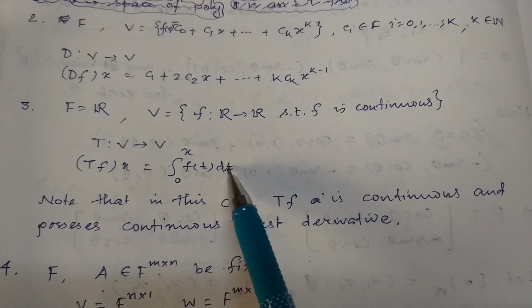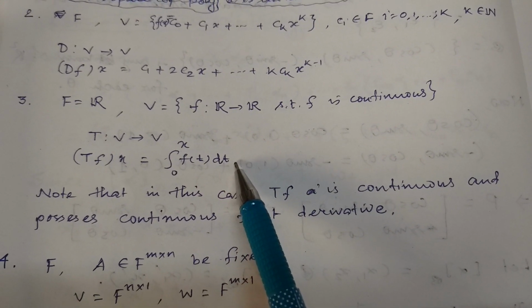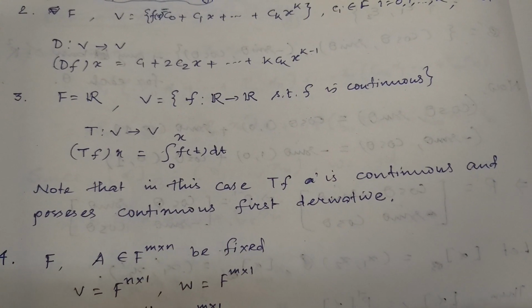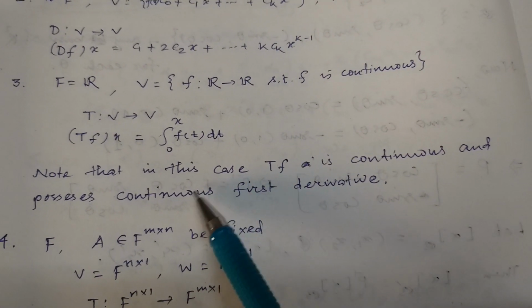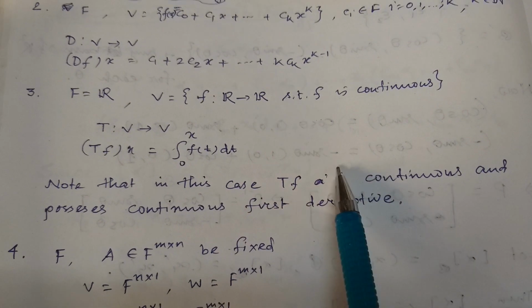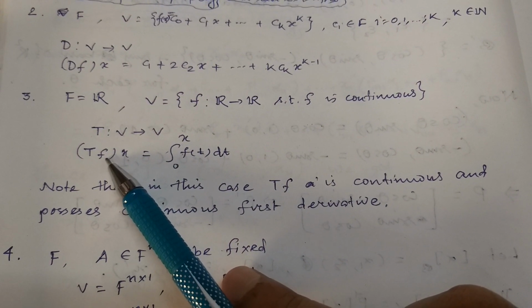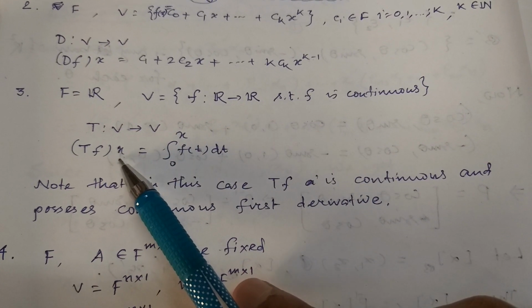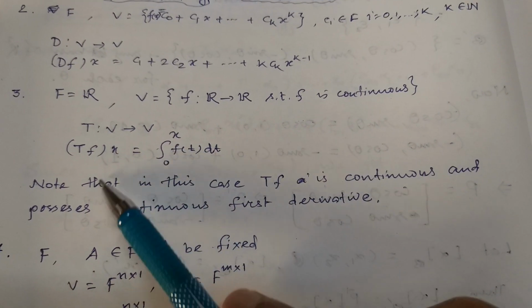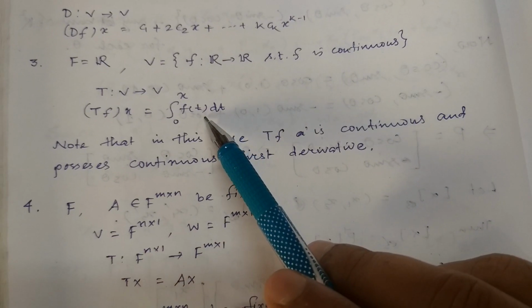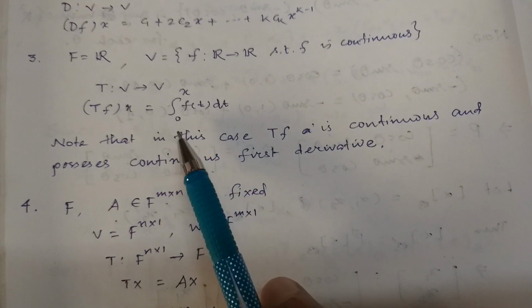Sometimes in some books it is also called a linear homomorphism, so don't be confused with the term homomorphism. Note here that the function obtained, Tf, is not only continuous but it also has a first derivative, since it is written in the form of an integral from 0 to x of f(t), so definitely it has a first order derivative.